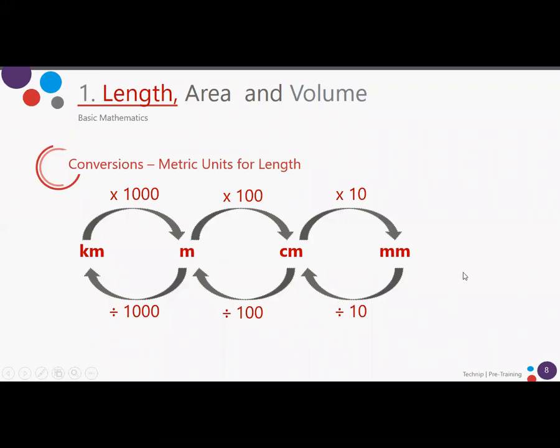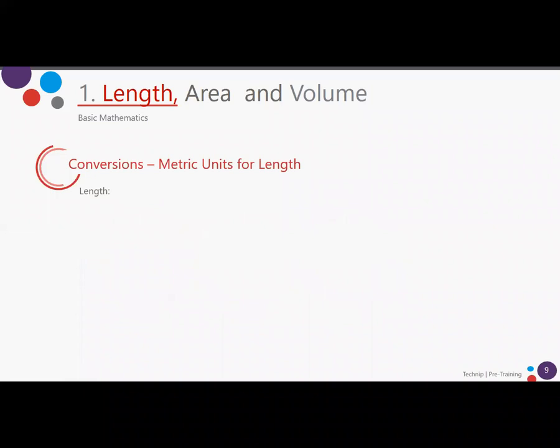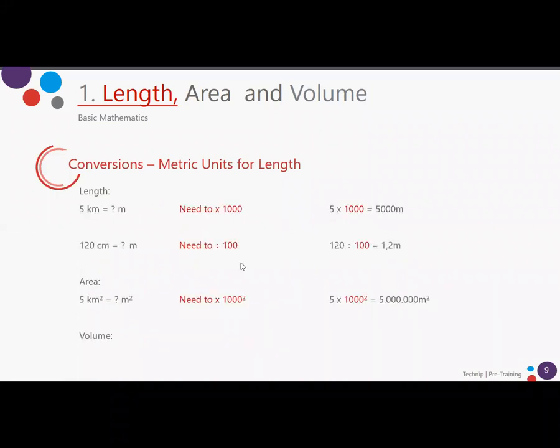Nevertheless, on the next slide, we'll do some examples, okay? So, length. We have 5 kilometers. How many meters do we have? As we have seen on the slide before, you need to multiply by 1,000. So 5 multiplied by 1,000 is 5,000 meters.